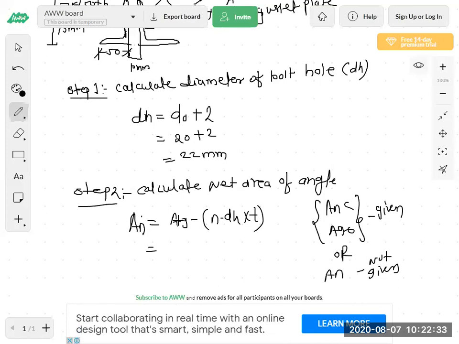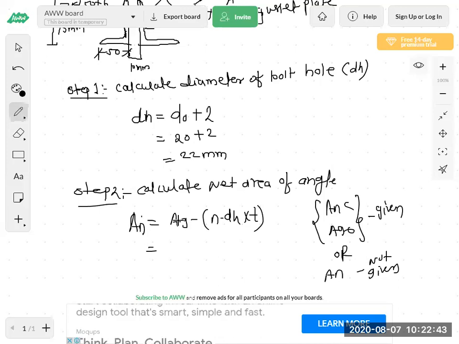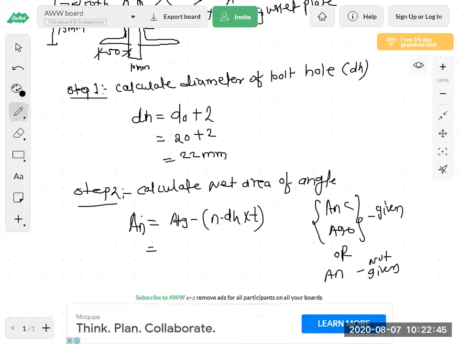Go to the steel table, unequal angle section 75 by 50. Yesterday we have seen 80 by 50. Above the 80 by 50, the 75 by 50 section is there. Everyone open the steel table. Which thickness have they given in the problem statement? 6 mm thickness.